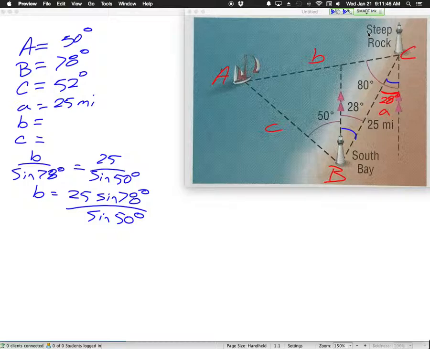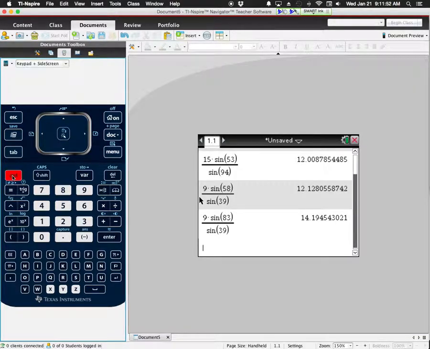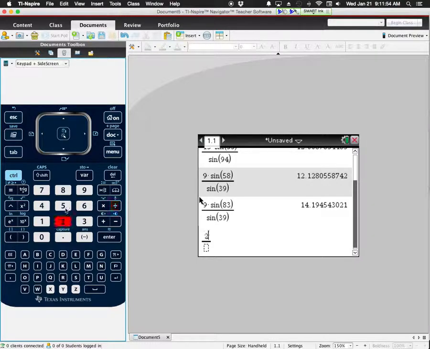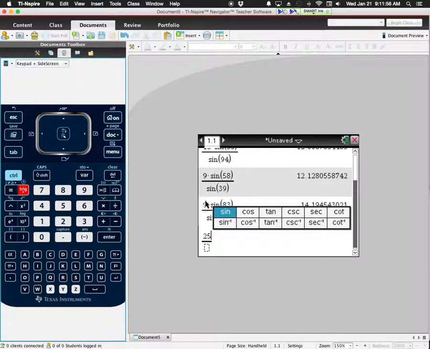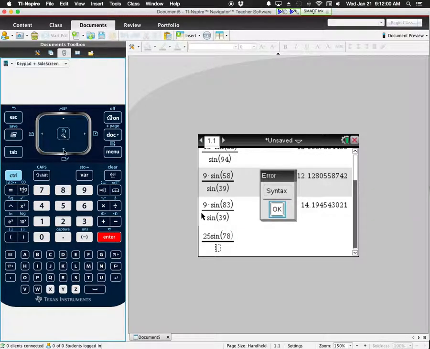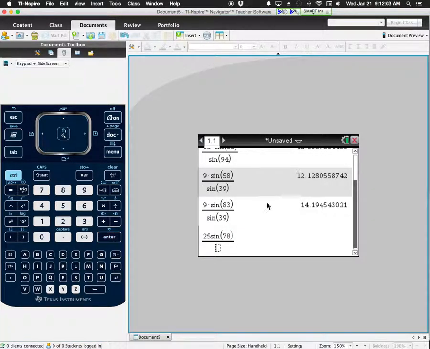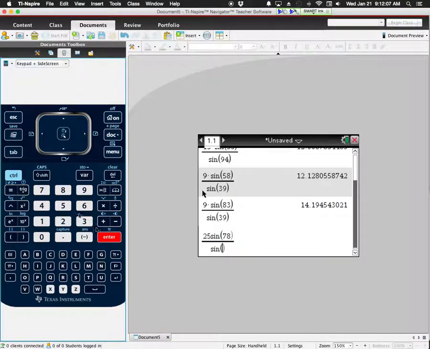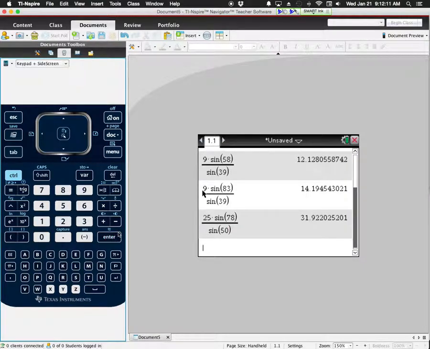We're ready to punch that in. So 25 sine 78 over sine of 50. We get 31.922.